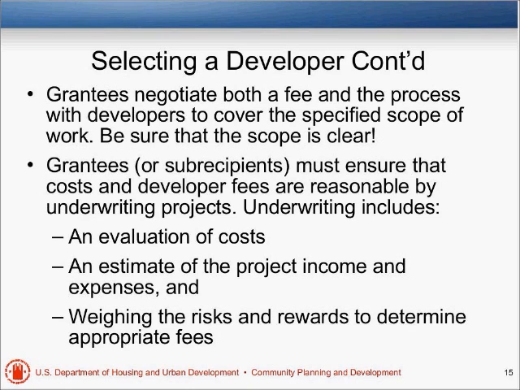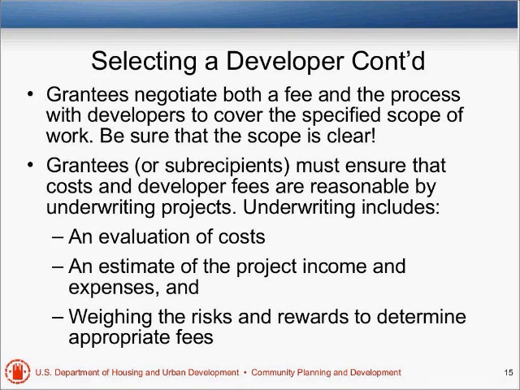I can't stress enough how important it is that the scope of work, the expectations of you, the grantee, be clearly laid out, and that the developer understands what the expectations are. A lot of problems we see between grantees and developers is when that scope of work and the developer agreement isn't very clear on what the expectations are.